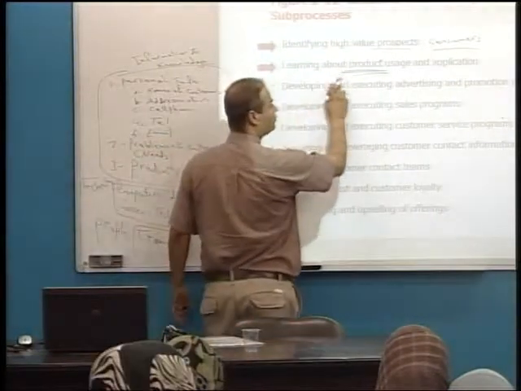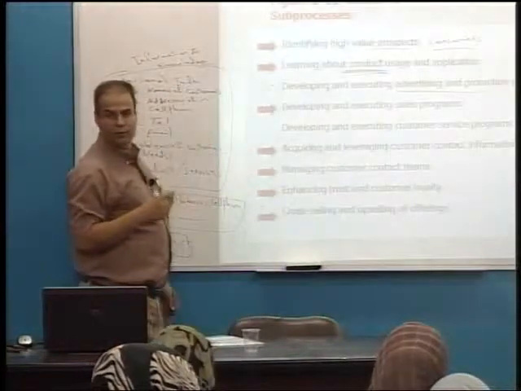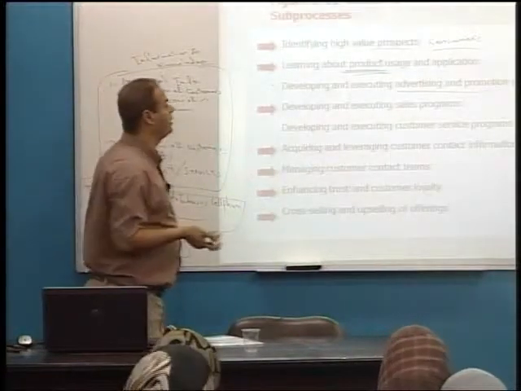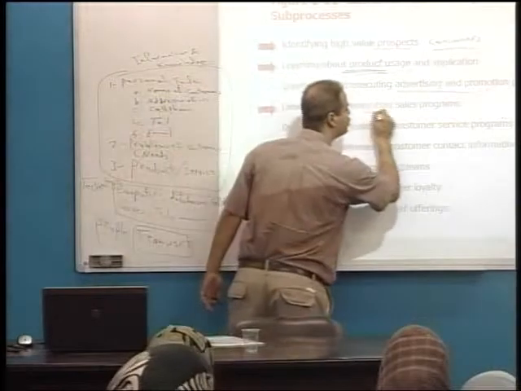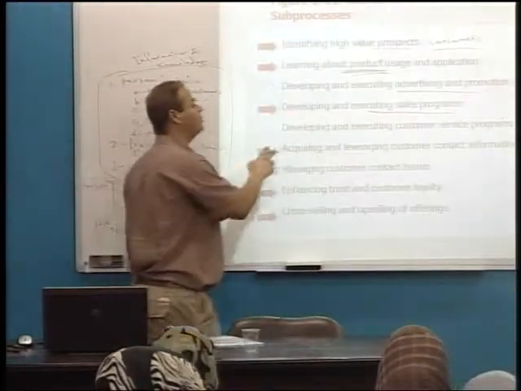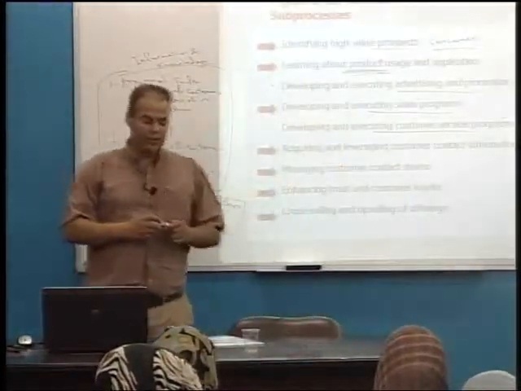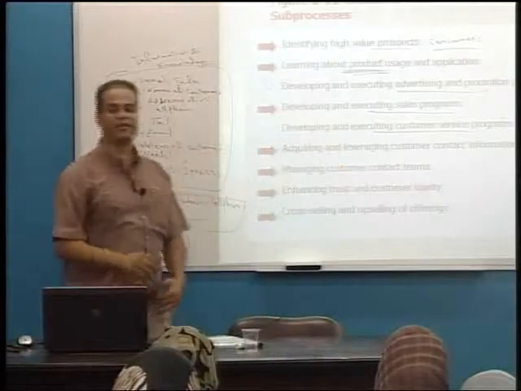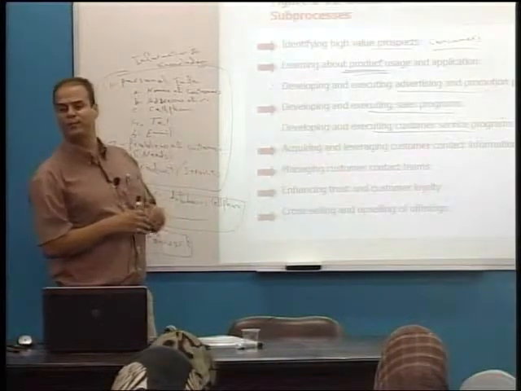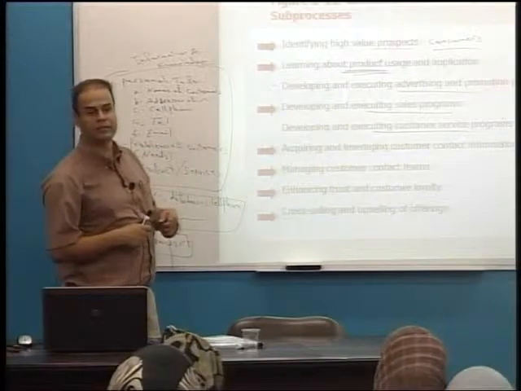According to this product, we are going to advertise and promote it. After that, we would like to execute sales programs. Later on, we would like to execute a customer service program. Well, as we said before, the customer service program refers to any complaints or problems that might be encountered by our own customers.